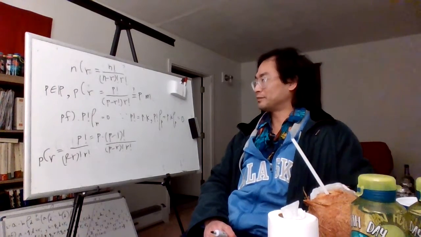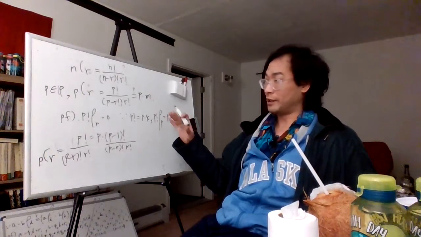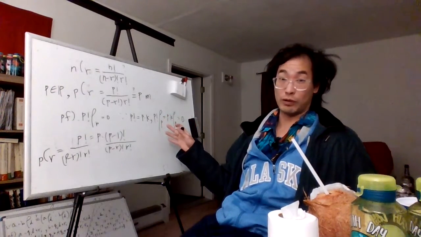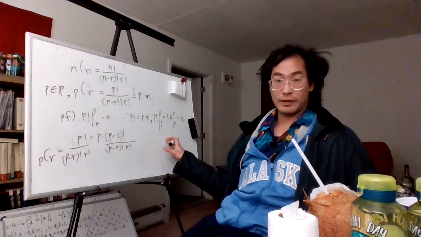Now, we know from Pascal's triangle, which is like a recurrence relationship between binomial coefficients, they're all integers, right?